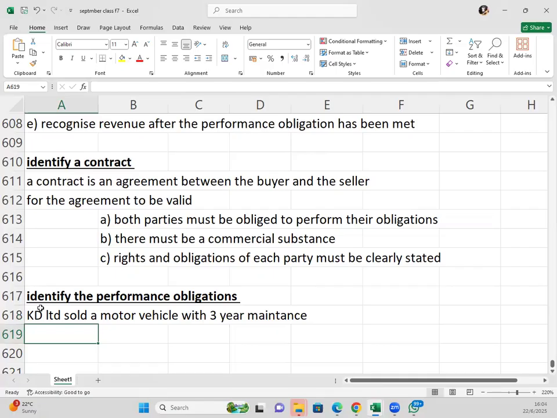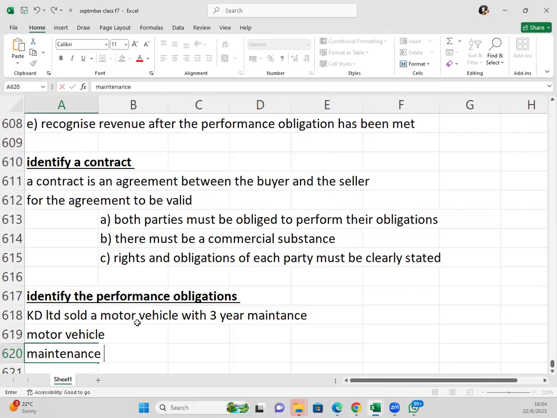What have we sold here? We have sold two things. We have sold a motor vehicle and we have sold maintenance. So this one is a bundle of sales. There is more than one performance obligation.